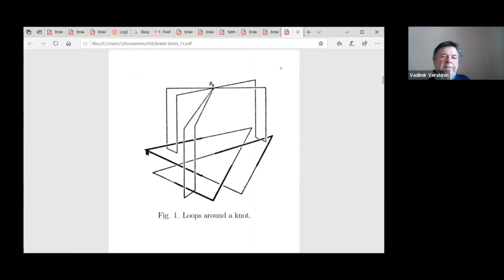They are in the upper half space, and these things are in the lower half space, and just these points of intersection are in the plane of the diagram. So all the overcrossings are in the positive, and the undercrossings are in the negative. And here are the points where overcrossing meets undercrossing. They are all real intervals in the R3 space.